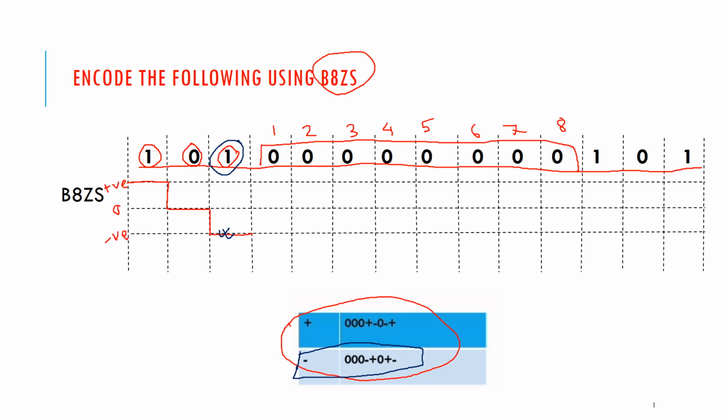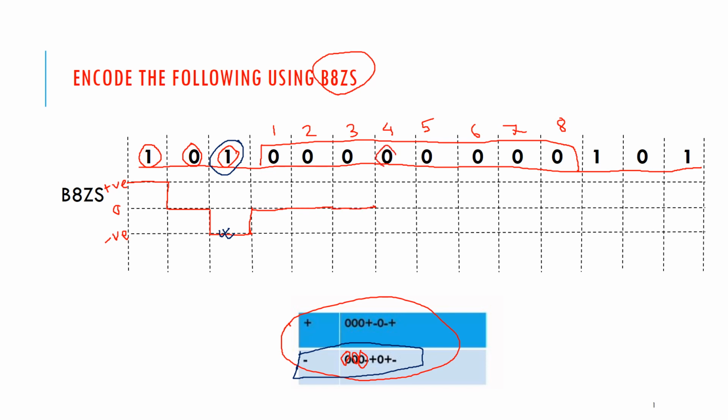So let's do it. The first 0 is going to be on the 0, the second 0 is also on the 0, and the third 0 is also on the 0.